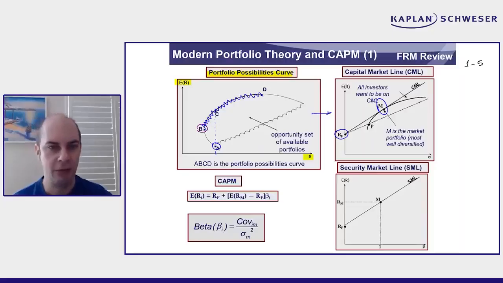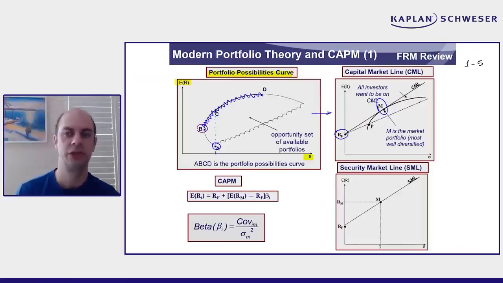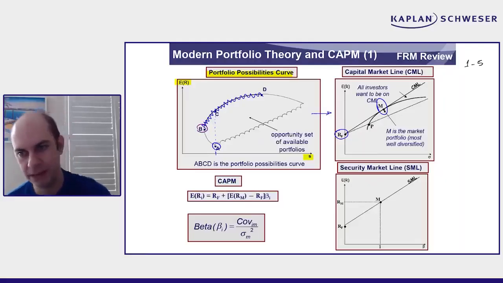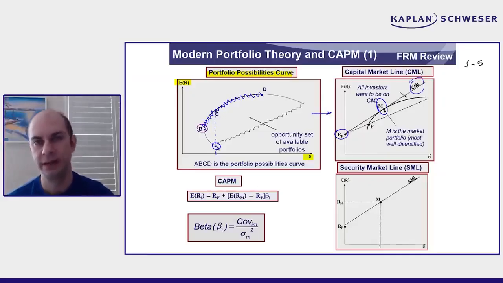And because of Harry Markowitz's homogeneous expectations, that tangency portfolio will become the market portfolio, because everyone will have the same assumptions and everyone will end up holding the same set of investments, which are then defined as the market portfolio. So the capital market line is the line that connects the risk-free asset with the market portfolio.